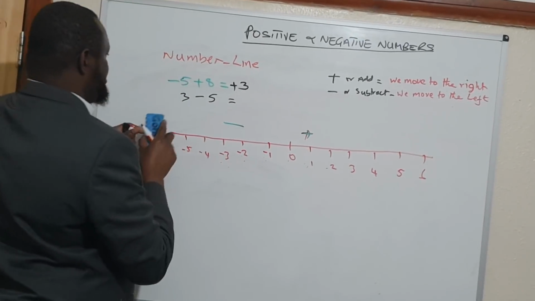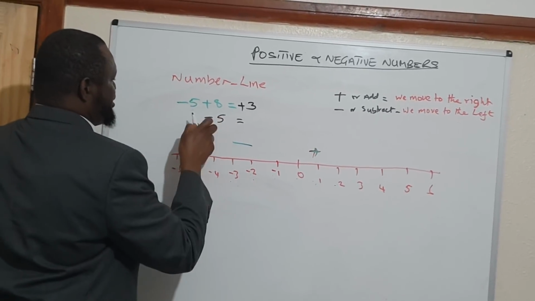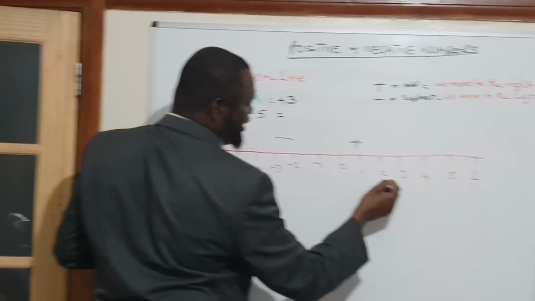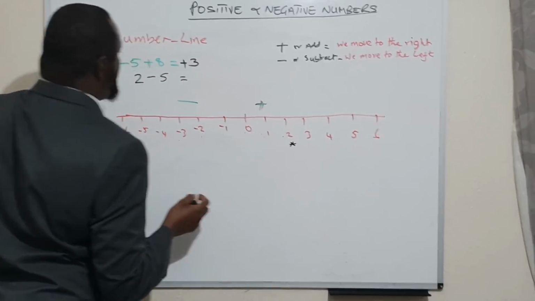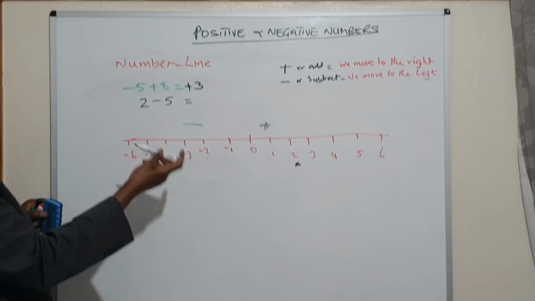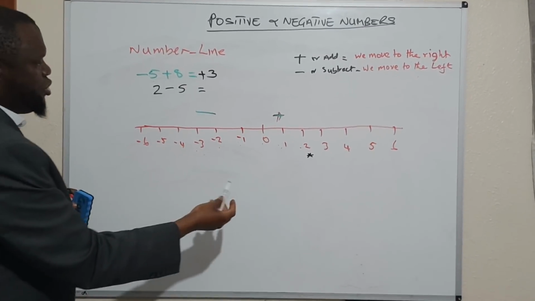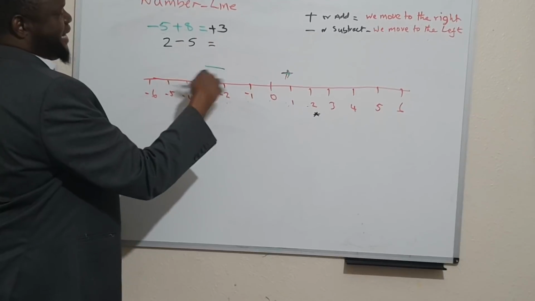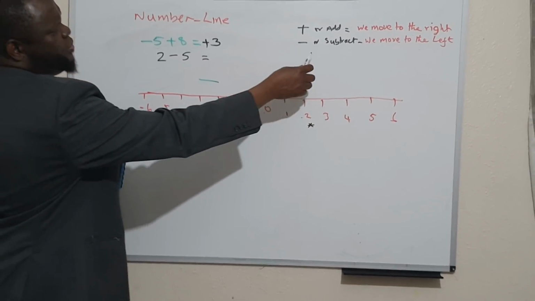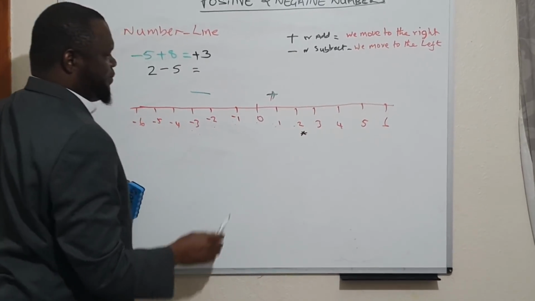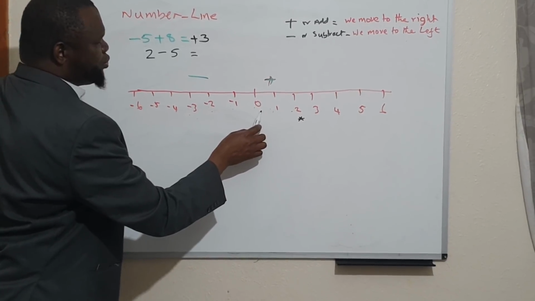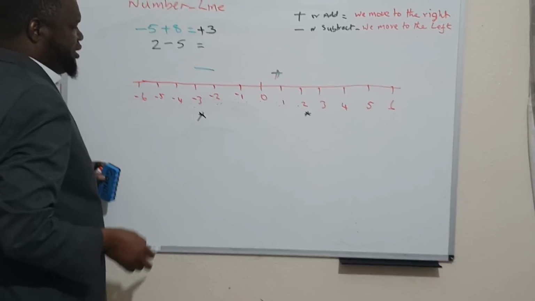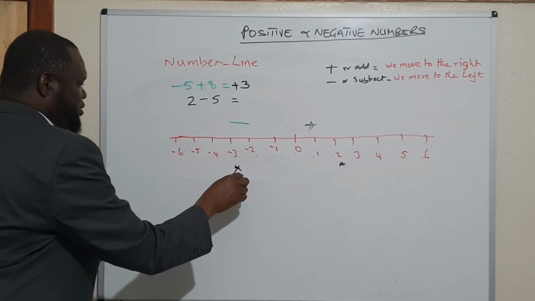Now let me use another number, because we have used 3 before. 2. We locate our positive 2. And then we subtract. When we subtract, we move to the left. We don't start with that number. When we subtract, we move to the left. So 1, 2, 3, 4, 5. So the fifth one is minus 3. So our answer is minus 3.